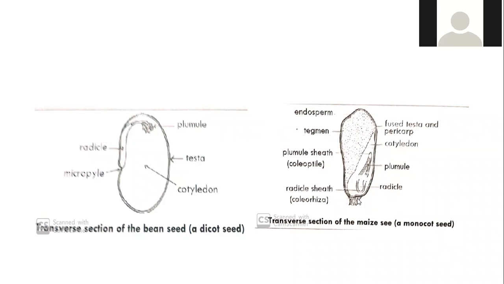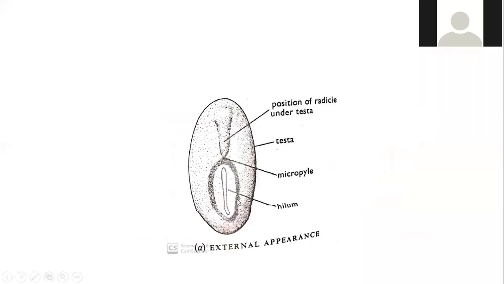Now the next image shows you the position of the hilum. So this is the hilum. What you see here is a bean seed. So the hilum is the point of attachment of this bean to the main plant or the main fruit. Then look at the position of the micropyle.